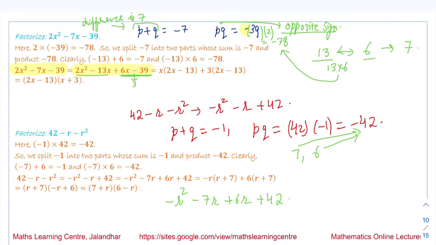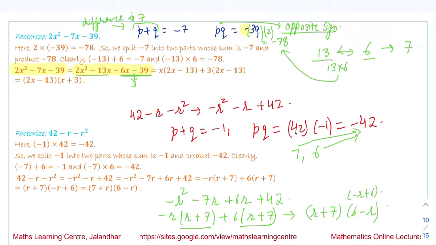When you take minus r common from this, you will get r plus 7, and from the next term you will take 6 common and you will get r plus 7. Now these two terms are the same, so the answer you will get is r plus 7 into 6 minus r, or you can write minus r plus 6.